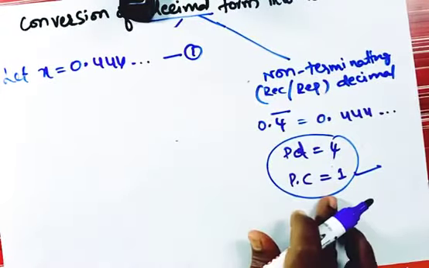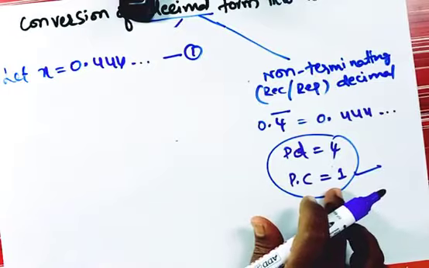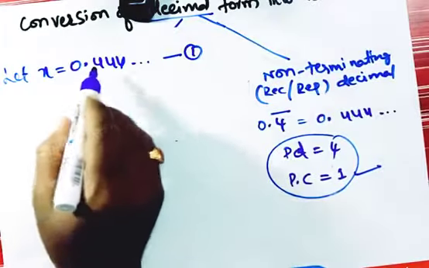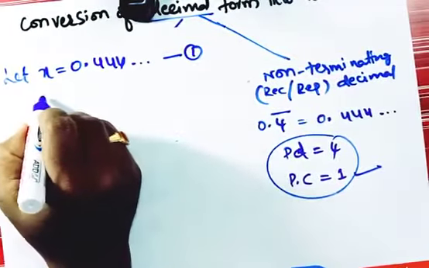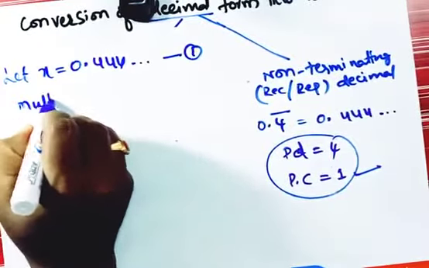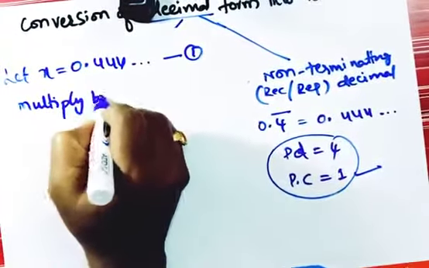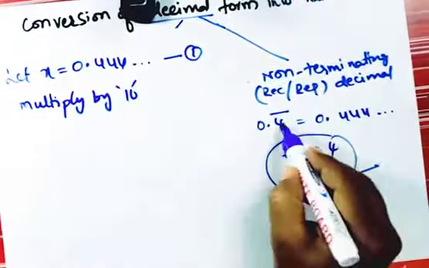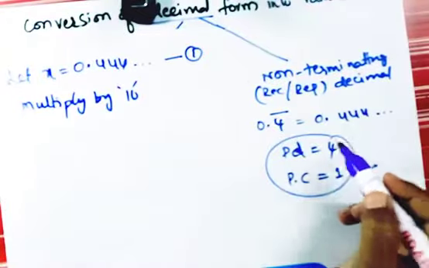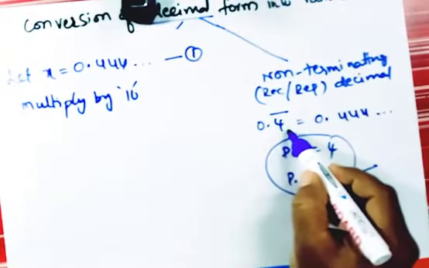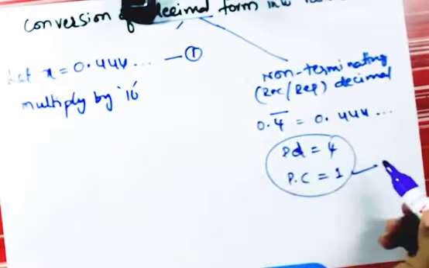So periodicity here is 1, so we need to multiply both sides of this equation by 10. If it has 2 digits, you should multiply with 100. If you have 3 digits under the bar, you should multiply with 1000.